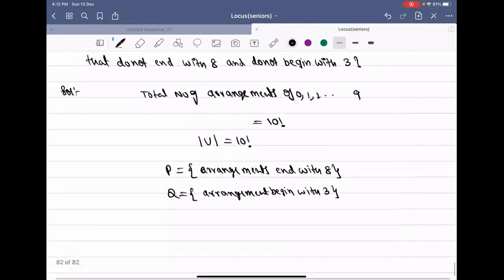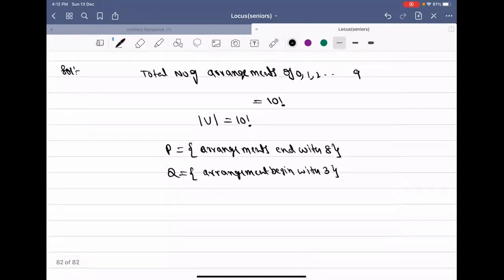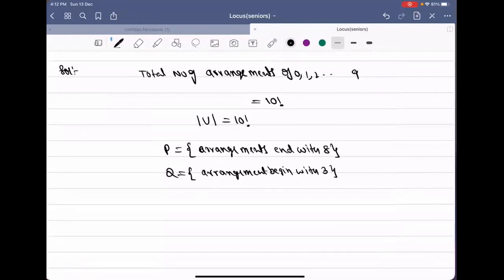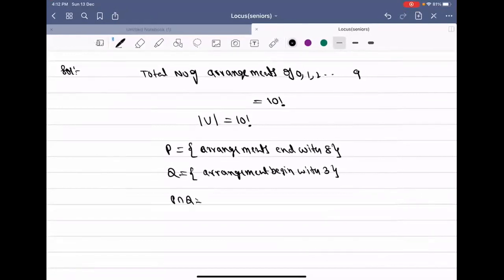Now the next one we will also write: P intersection Q, arrangements that begin with 3 and end with 8. This is P intersection Q.